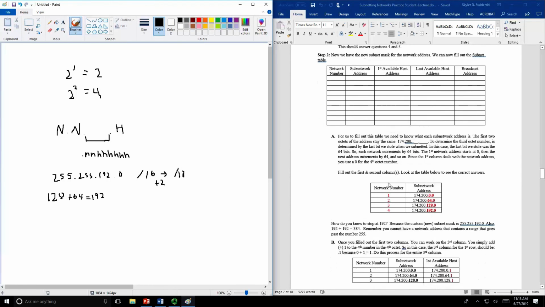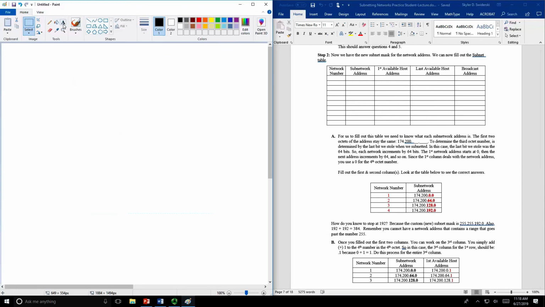Alright, now we can actually do the subnetting for this. It's slightly different again, but don't worry, not a lot is going to change. It's just the different placement of the octet numbers. Since we're only creating 4, we can number the first column 1, 2, 3, 4.